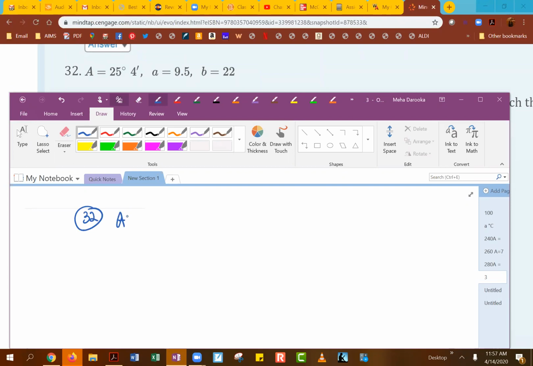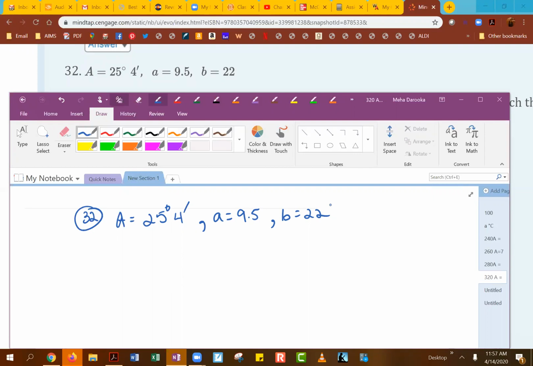You could just do 25. 25.06 is what I got. Is that right?